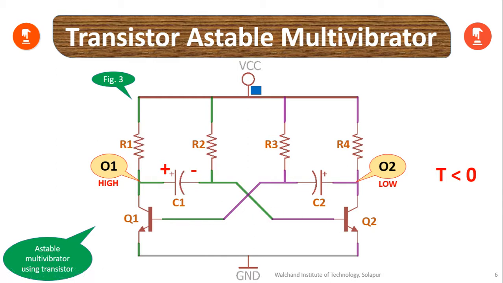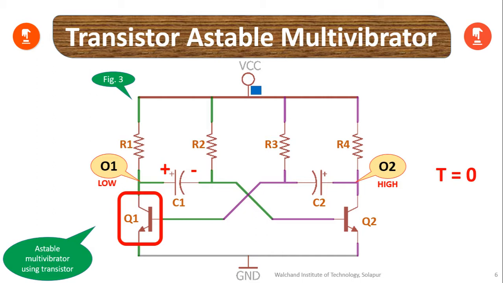Now when power supply is applied to this transistorized astable multivibrator, that is at t equals 0, transistor Q1 is turned on as it is assumed to have more conductivity as compared to Q2, because of which the output across O1 becomes low and the output across O2 becomes high.